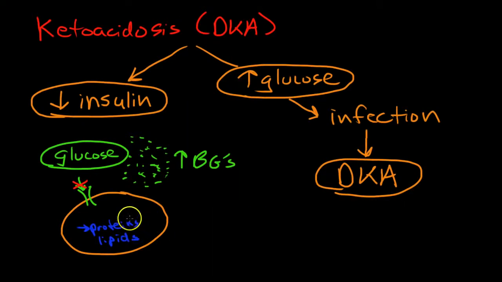Now when they do that, our bodies can work fine with just proteins and lipids, but when we use a lot of proteins and lipids in our body, one of the byproducts of their metabolism is ketone bodies, or keto acid.